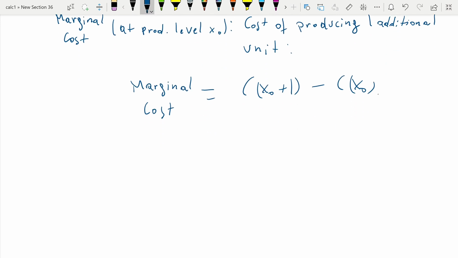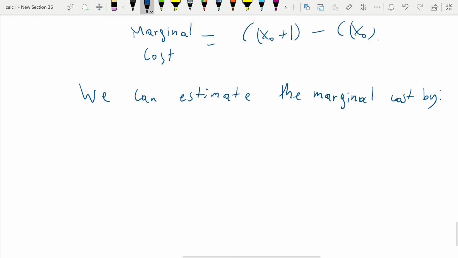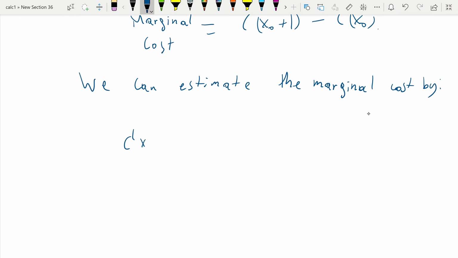Now the point here is that we can estimate the marginal cost at a given production level x naught by simply taking the derivative of the cost function.